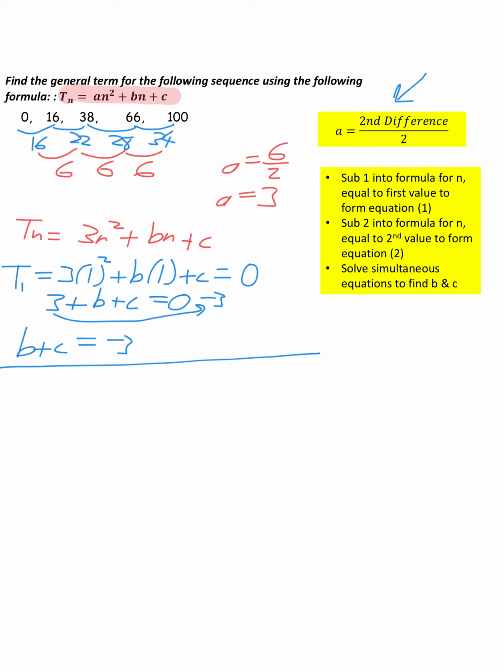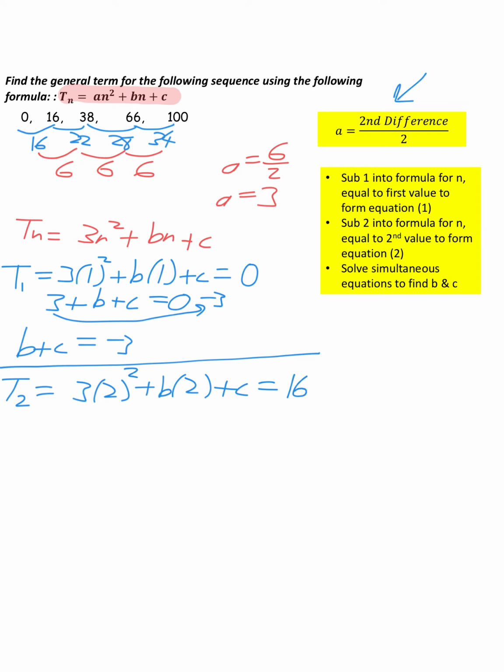So now we need another equation. So this is the second step. We're going to sub 2 into the formula for n and equal it to the second value to form equation 2. Okay, so let's sub 2 into the formula. So we're replacing n with 2. So 3 times 2 squared plus b times 2 plus c. And this will equal the second term, which is 16.